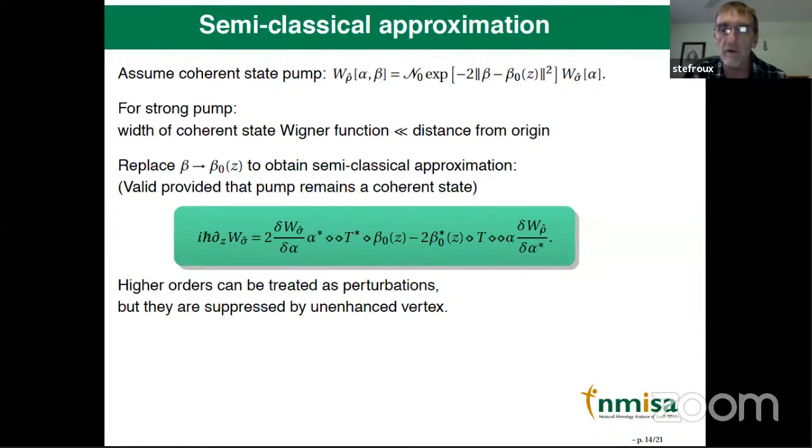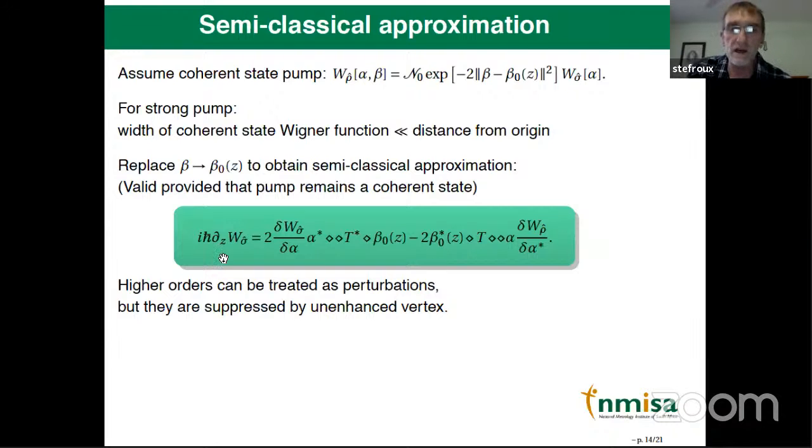So the width of the state on phase space is much, much smaller than the distance of the state from the origin. So we use this as a reason to approximate the pump now by the parameter function for the pump. So we replace the beta by beta 0, which is just the classical field that represents the pump.